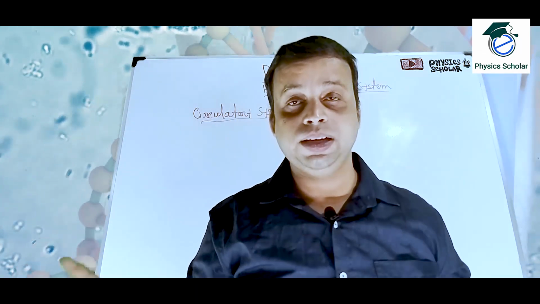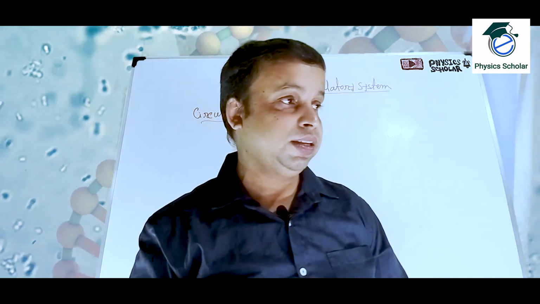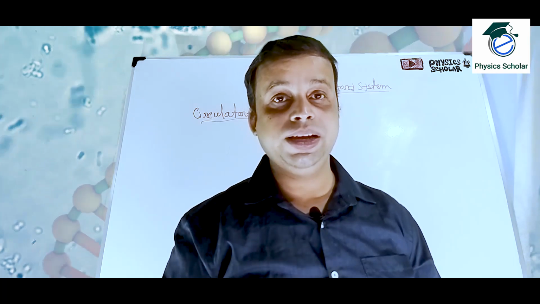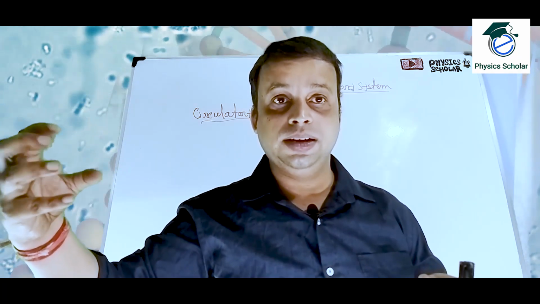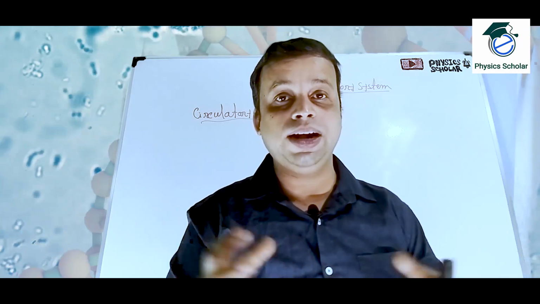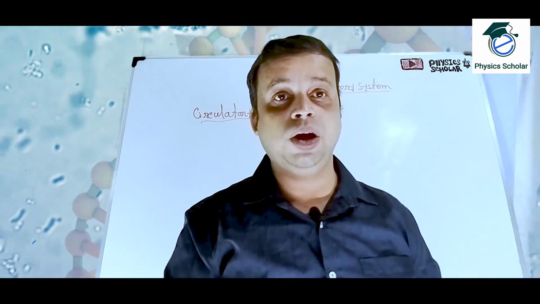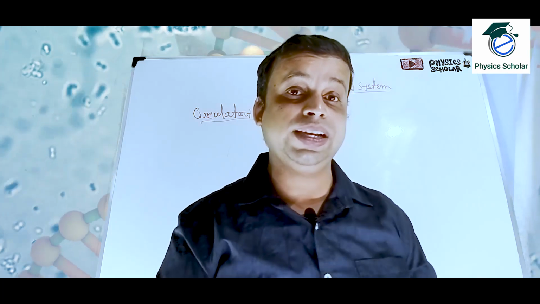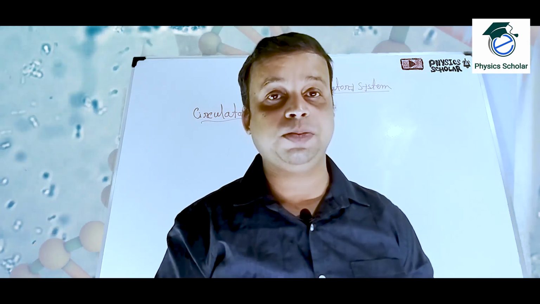So what is actually the circulatory system? The circulatory system means the process of transmitting the blood through the blood vessels with the help of the heart. The heart will help to circulate the blood through the blood vessels throughout our body, which will carry all the required materials to each and every cell and tissue of our body, and also remove the excretory products from the cells.